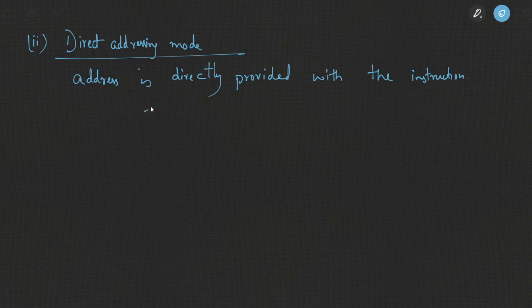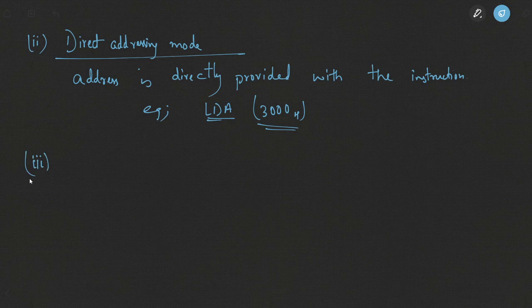For example, like we have simply done right now, LDA 3000H. In this case, LDA is the instruction, whereas 3000H is the address of the memory location. It is not the data, it is the address of the memory location. It has been directly mentioned as the operand in this case. Therefore the name direct addressing mode.